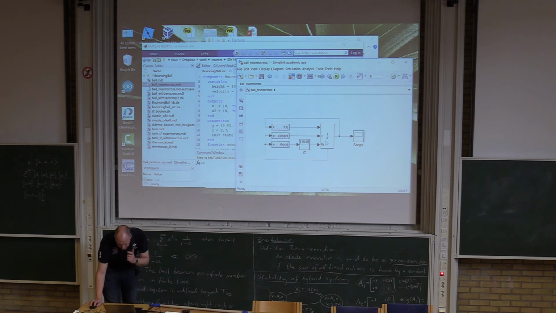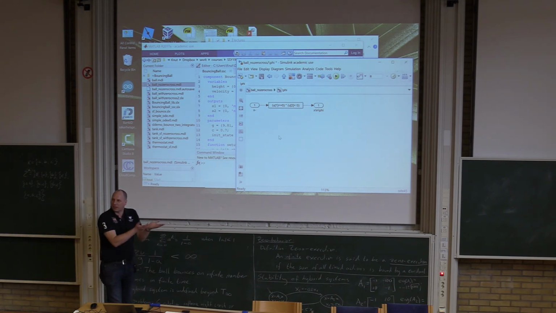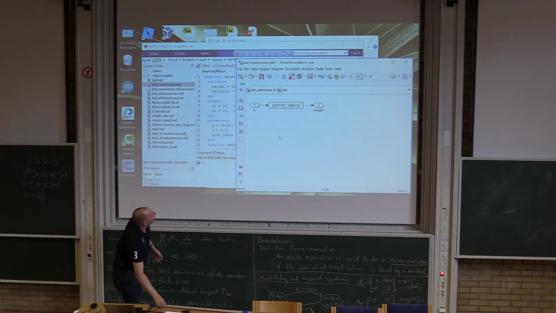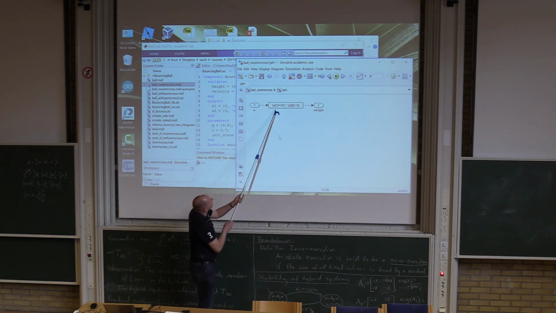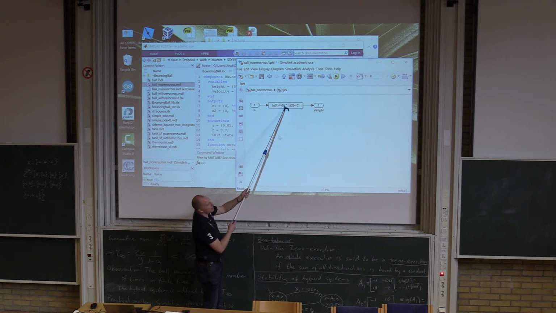And then we have a triggering condition here that specifies when it should reset the integrator. And in this case we have specified this condition, so we have that if the height is less than 0 and the velocity is negative, so then we have the multiplication here, so it means and.